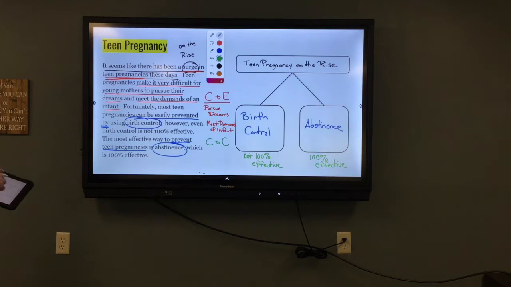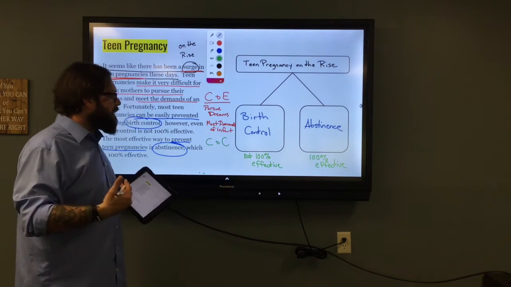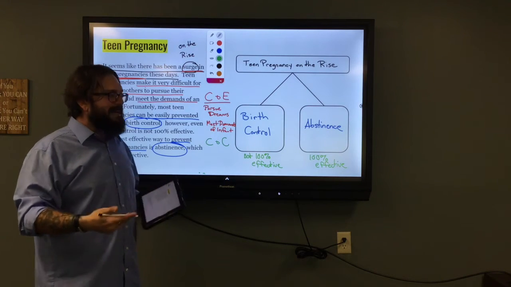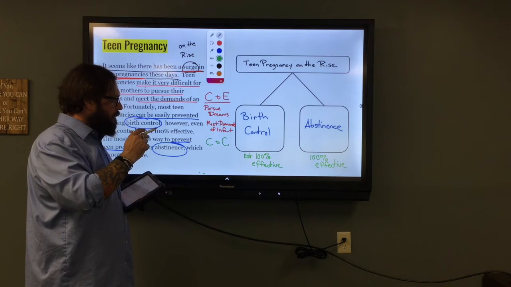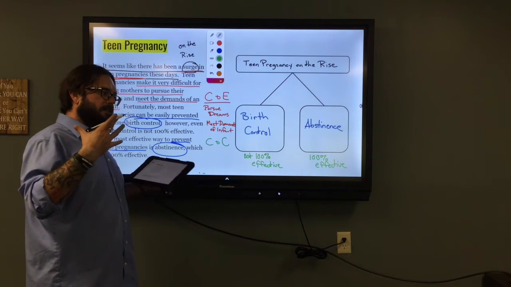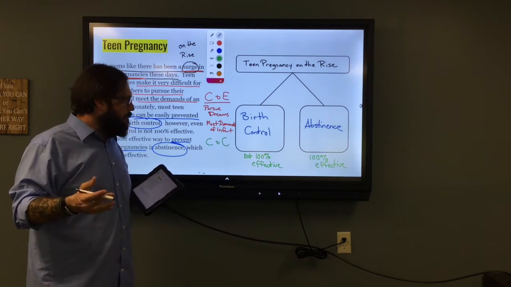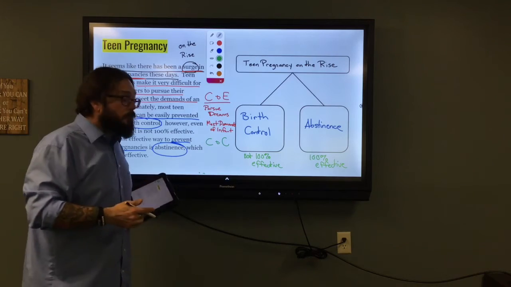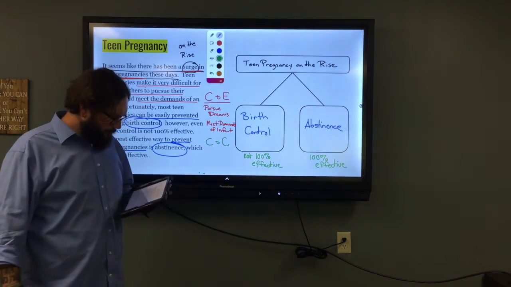So even though birth control and abstinence are both ways, they're similar in that they are ways that we can combat teen pregnancy. Due to the fact of the difference in effectiveness, that is intended to help make an informed decision on which solution, I should say, is the better choice.